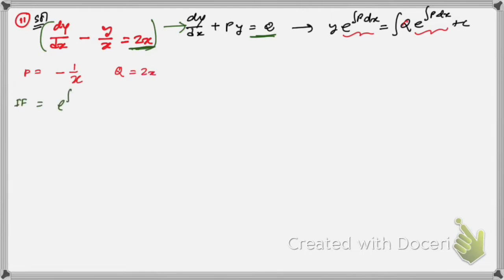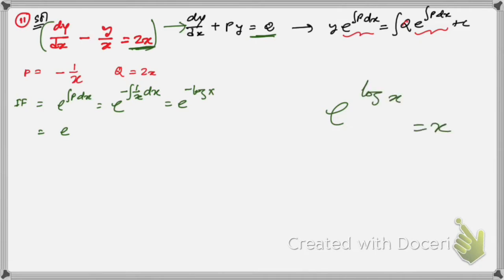So the integrating factor e to the power integral of p dx will be equal to e to the power integral of minus 1 by x dx, and minus integration of 1 by x is log x. And here you see, e to the power log of anything is equal to that thing. That means if you have e to the power log x, then you can write directly x, right? So remember this.